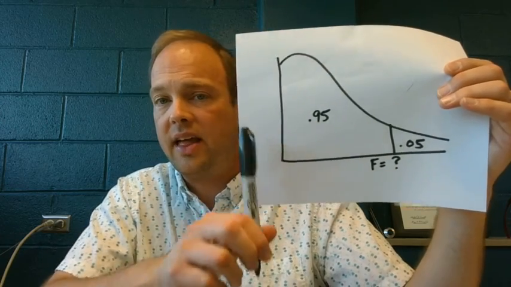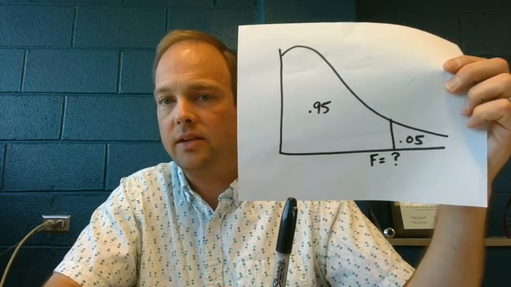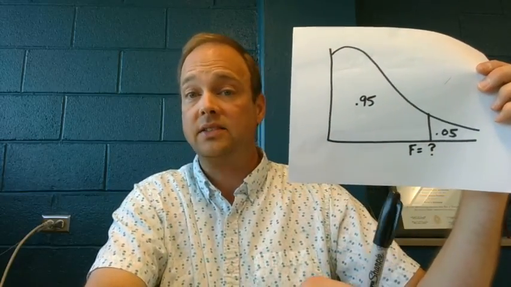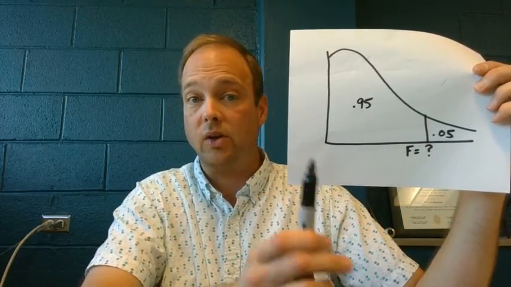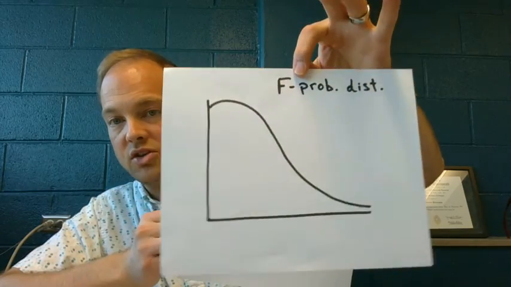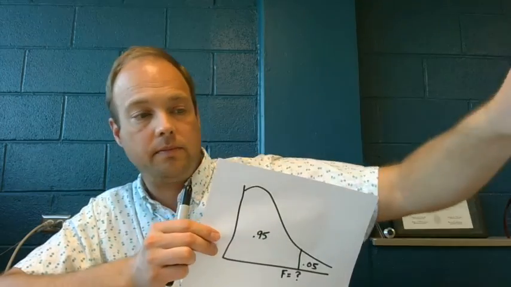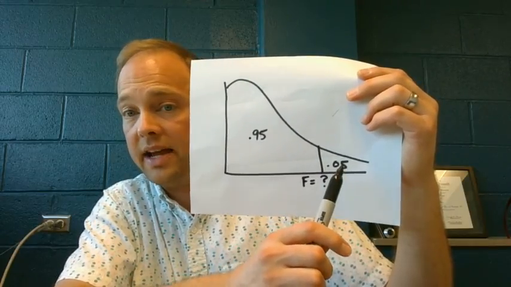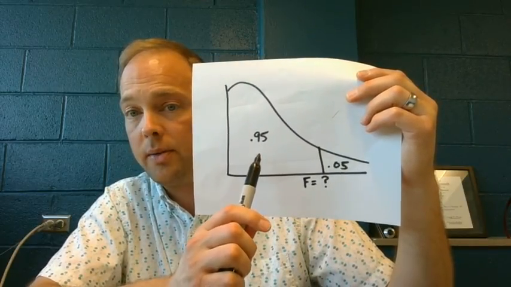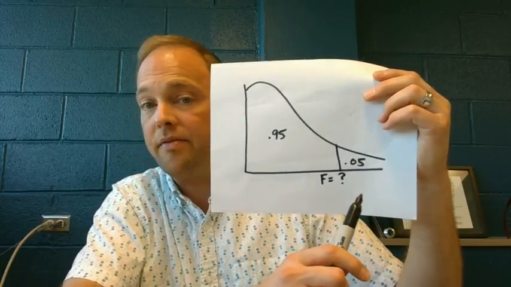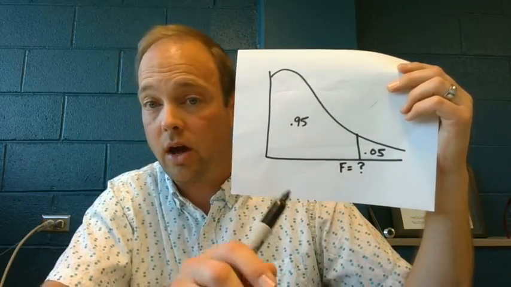But this drawing is the F probability distribution, and this is how you would set things up if you were asked to test a hypothesis at the 0.05 level. Draw the F probability distribution just like this picture. Here's a non-marked up version. Draw the picture, indicate a tail, indicate the size of the tail, indicate the size of the remainder, and then indicate the F value from the table, which again we haven't gone over yet.